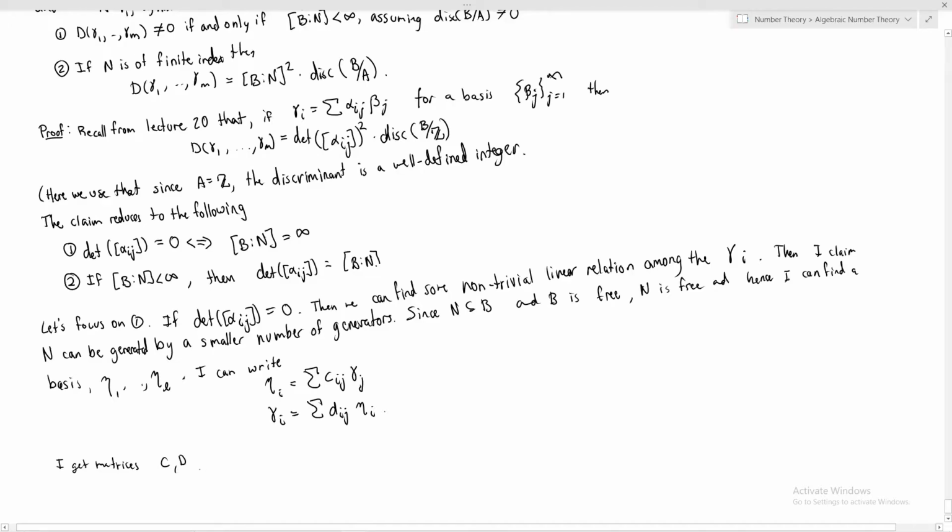Matrices C, D. How do I show that L has to be less than M?